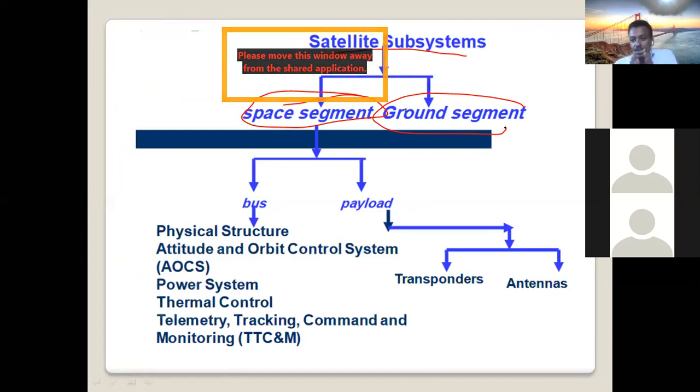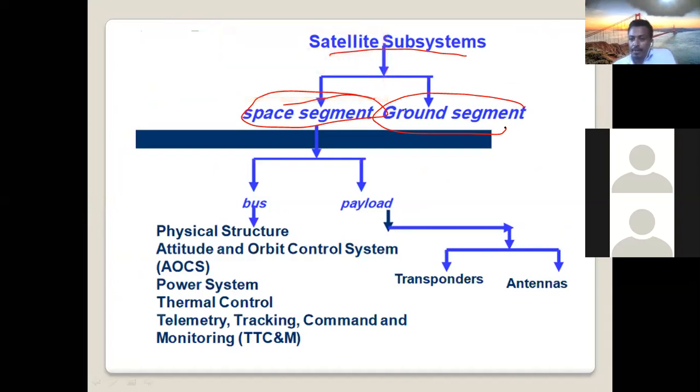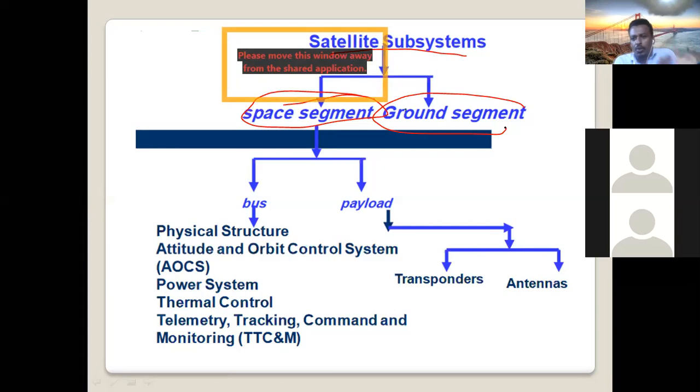it's not the same. When I say transmitter, satellite transmitter, it depends on the orbit, it depends on the service, right? The antenna we use for one service and the antenna we use for another service are different. The receiver we use in one orbit and the receiver we use in another orbit are different. But generally speaking, we classify these components into these 2 categories or segments.